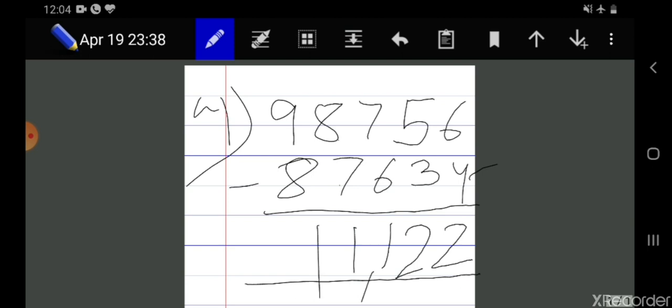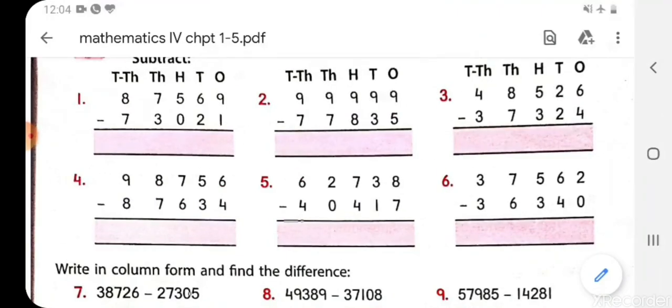So the answer is 11,122. As you can see, we have not borrowed any number. It's a simple subtraction. So the first and the fourth sums we have done.